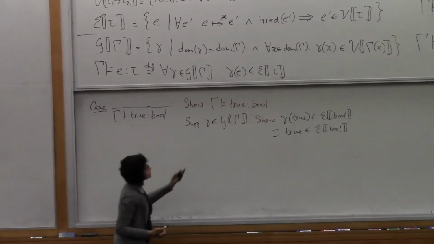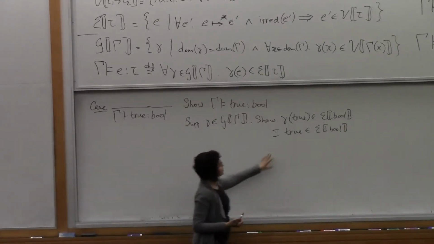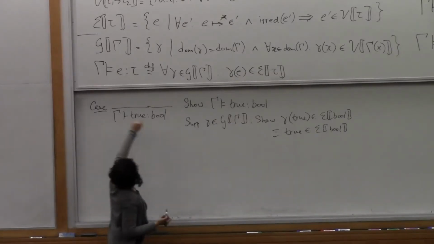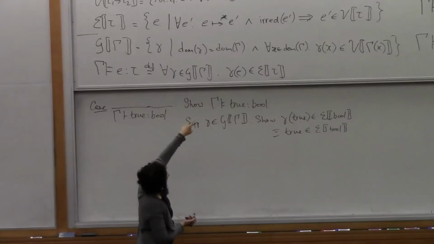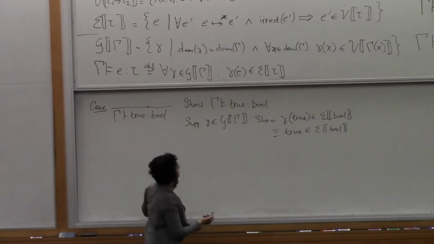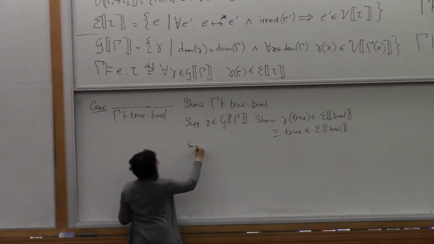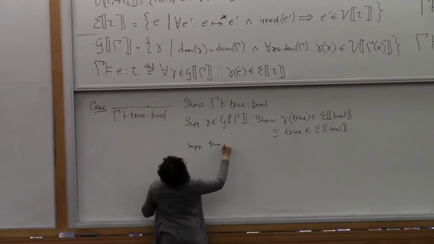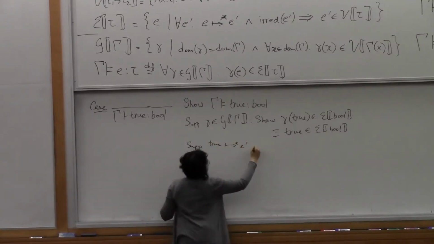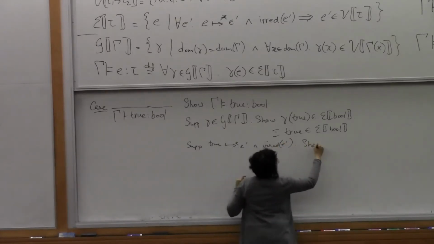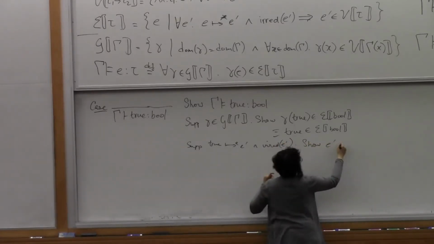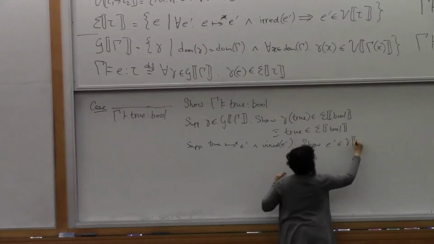All right. So let's look at what we need to do in order to show that E belongs to E of bool. Looking at the definition, we have to show that for all E prime such that true steps to E prime, if it's irreducible, etc. So suppose true steps to some E prime that is irreducible, show that E prime is in V of bool.